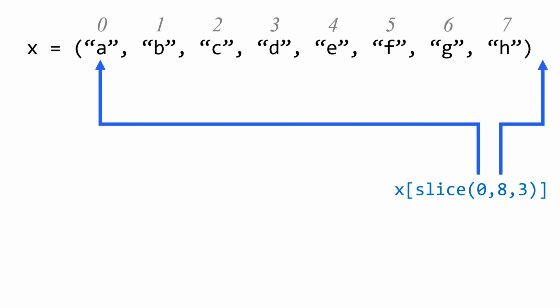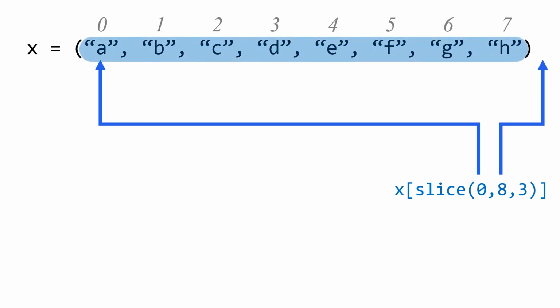Okay. So starting from the 0 index, it goes until the index 8, which means it will use all these elements, starting from 0 until index number 8, which means actually it takes up to 7.